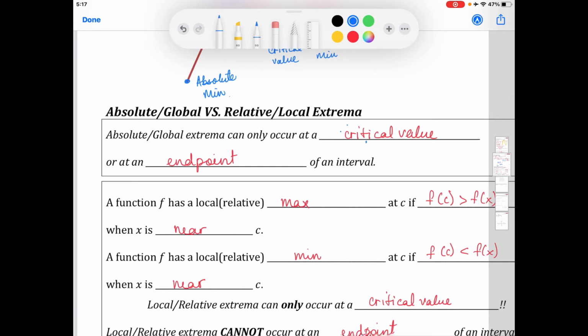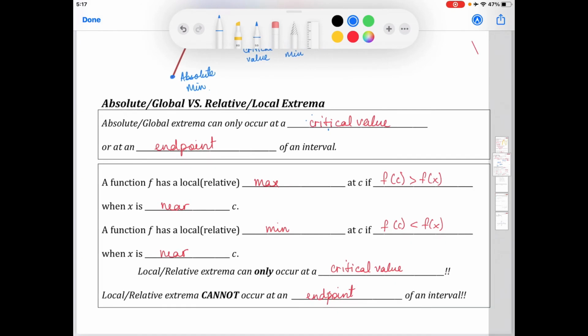A function f has a local relative max at c if f of c is greater than f of x when x is near c. What does that mean? That it is a relative high point in comparison to the values around it. So you will have a max.